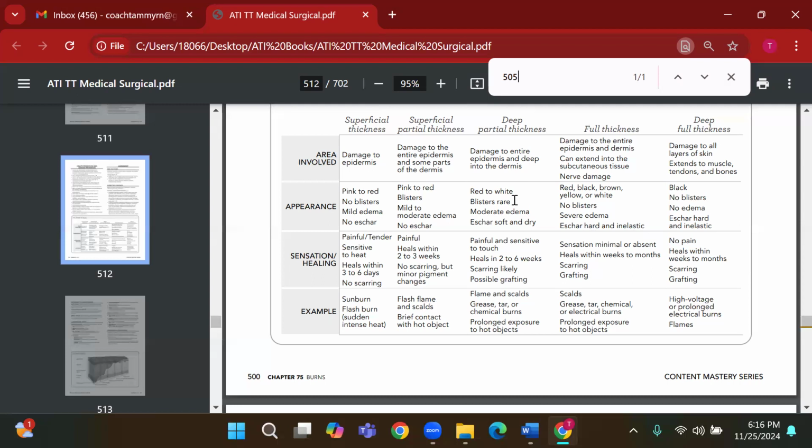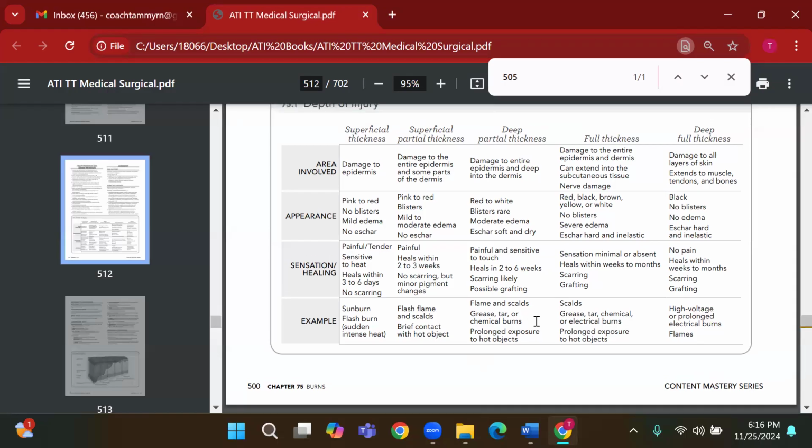But it says blisters are rare, moderate edema, eschar soft and dry. So might have a little bit of black. Dead tissue is eschar. And then painful and sensitive to the touch because of the epidermis and the dermis, right? May have to have a possible graft there. And it just tells you some examples of burns, could be a flame or something that caused the burn.